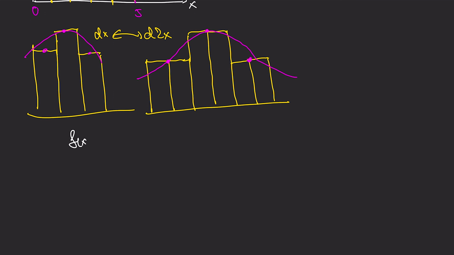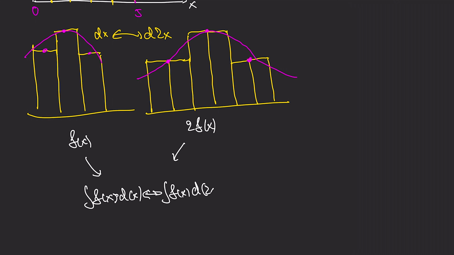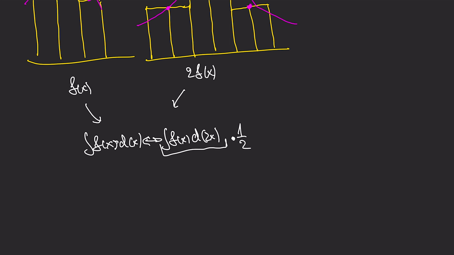So here we have f of x, here we have 2 times f of x, which would mean if we were to do it with integration, if we were to make this somehow the integral of f of x d2x, we would have to multiply this part by half to keep the balance in the system.